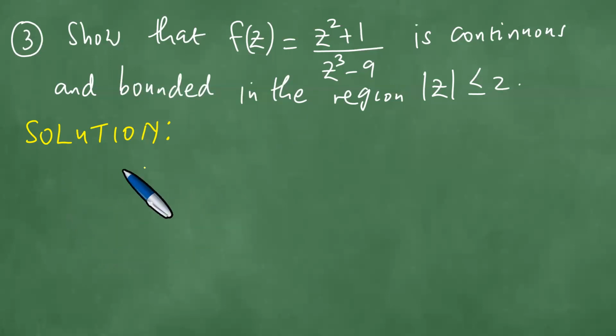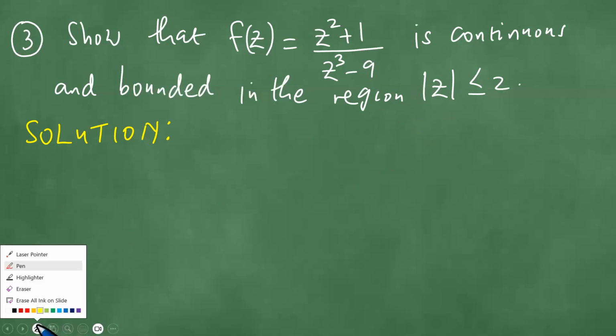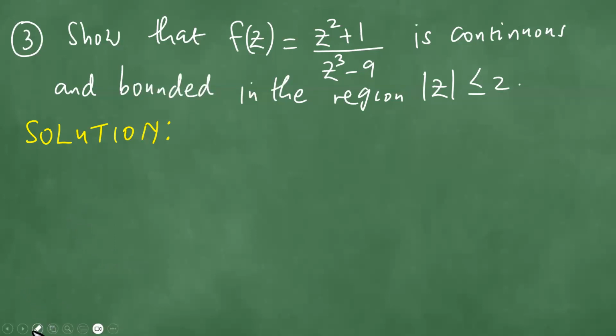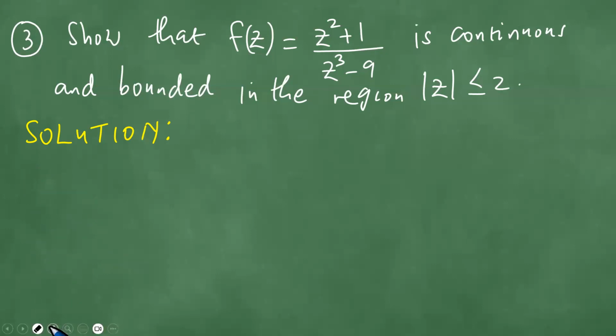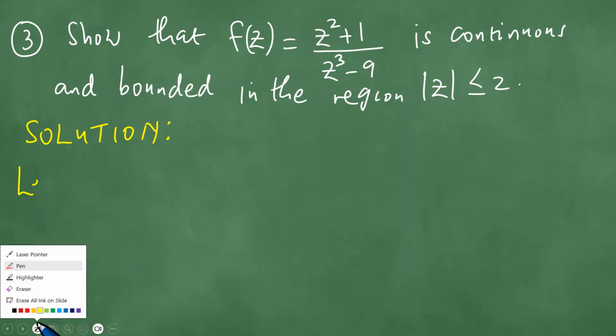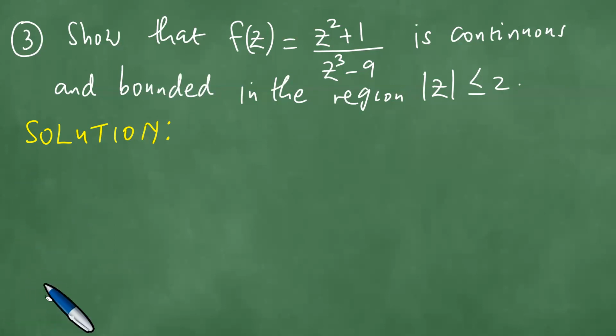First things first, for continuity, we need to take an arbitrary point in the region. So we say let, you need to change the color.